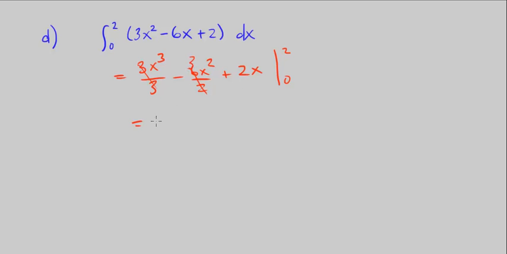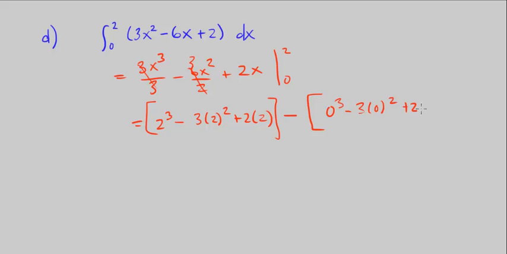So plug in 2. It's 2 cubed minus 3 times 2 squared plus 2 times 2 minus, and remember to put this side in parentheses always. You could even do this as well. So we're going to distribute this later. Plug in 0. That's 0 cubed minus 3 times 0 squared plus 2 times 0.